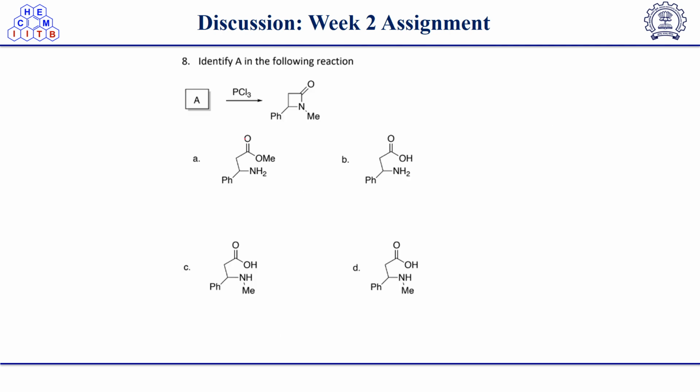Next question was to identify A in the following reaction. So treatment of compound A with PCl3 is giving a beta-lactam ring. So which will be the corresponding starting material?